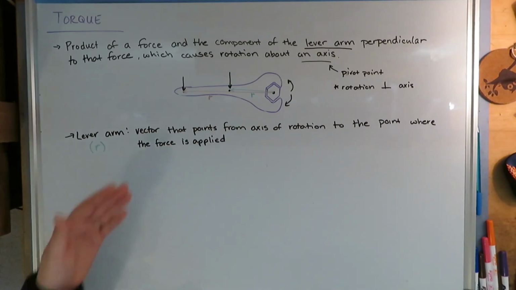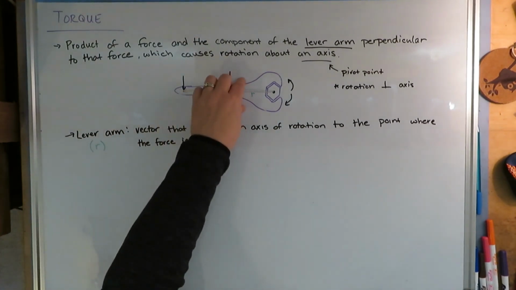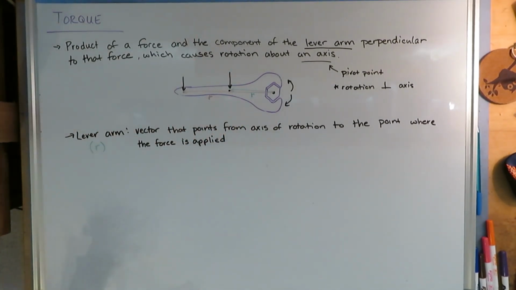Which is why generally when we use tools such as hammers, and hammers involve rotation, we don't hold the handle really close, we hold it further back. Same with holding a baseball bat. In general, if you want your force to cause a larger change in momentum for the ball when you're swinging, you want to hold the bat further away and you want the ball to hit towards the end of the bat.